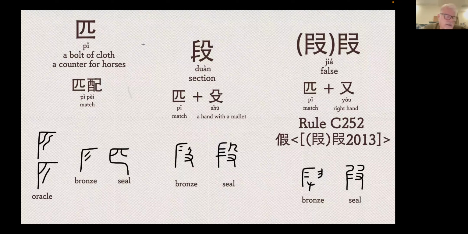But in 2013, they made a new list of acceptable simplified characters. And so if you see this 2013, that's my notation. It means after 2013, it was resurrected, and so it's no longer a banned character.